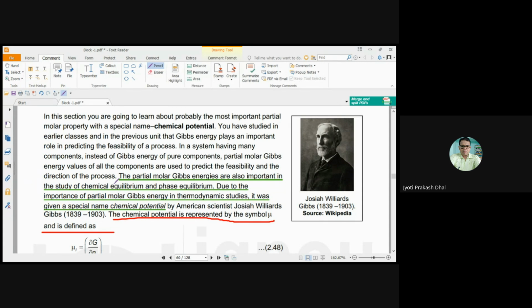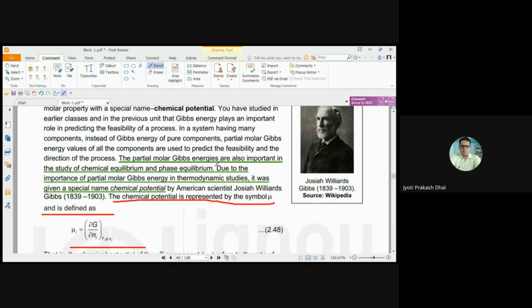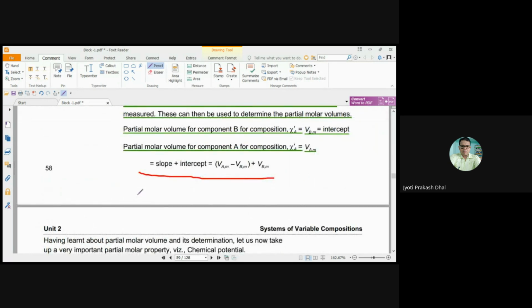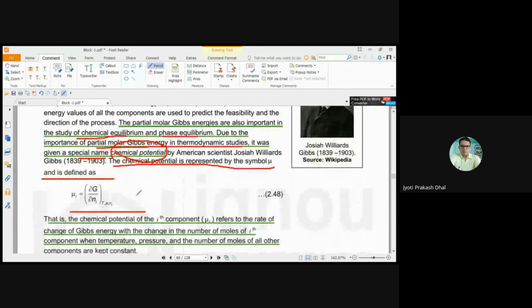The partial molar Gibbs energy is also important in the study of chemical equilibrium and phase equilibrium. Due to its importance in thermodynamic studies, it was given a special name, chemical potential. In the previous section, we discussed partial molar volume, and here we will discuss partial molar free energy.